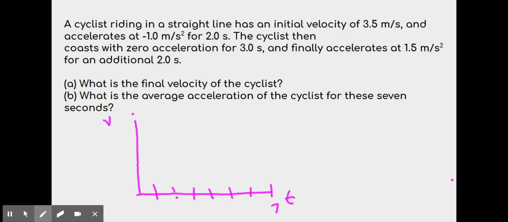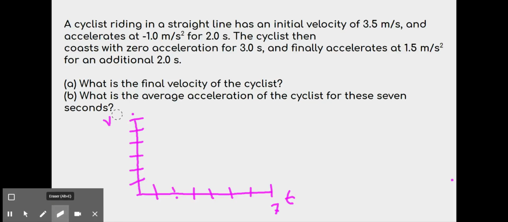For velocity, I see 3.5, so I'm going to put 6 markings on this. That looks awful, so we're just going to erase that. There's 6.